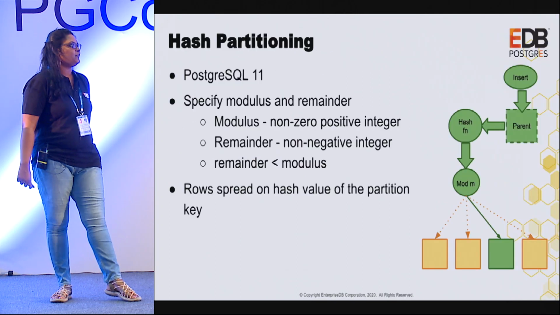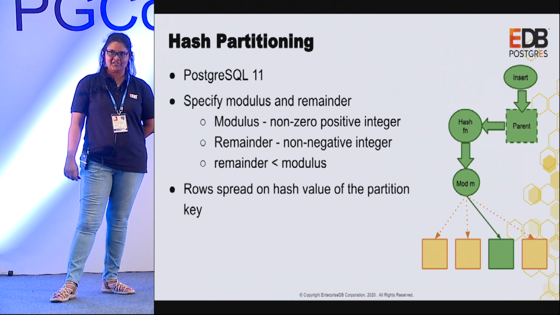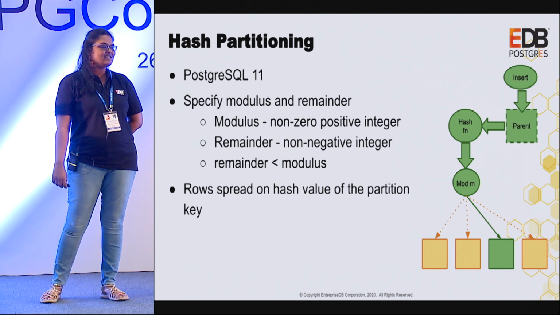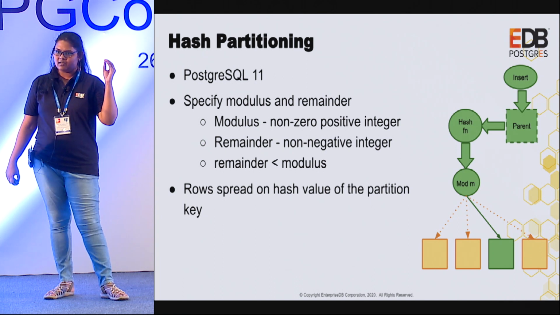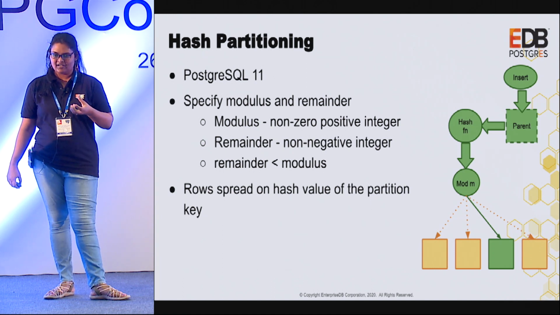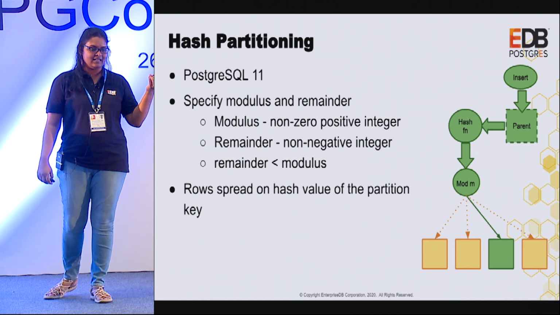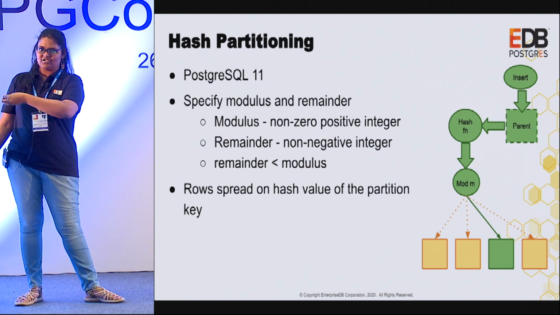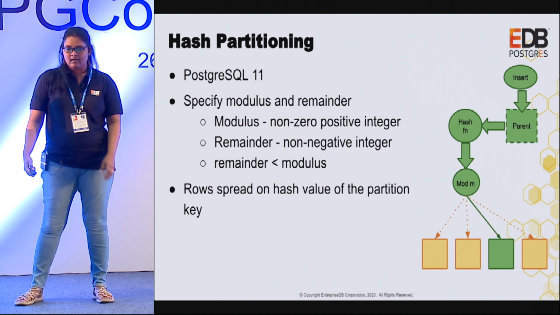Yeah, the third kind of partitioning is hash partitioning. This was introduced in PostgreSQL 11. In this, you run the value through a hash function, divide it, and then depending on the remainder that you get, you determine which partition the row will go into.